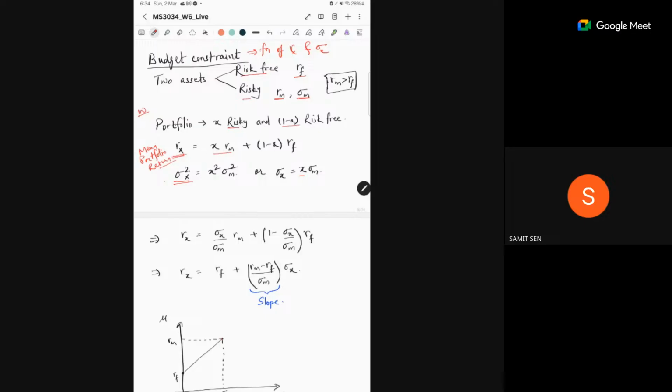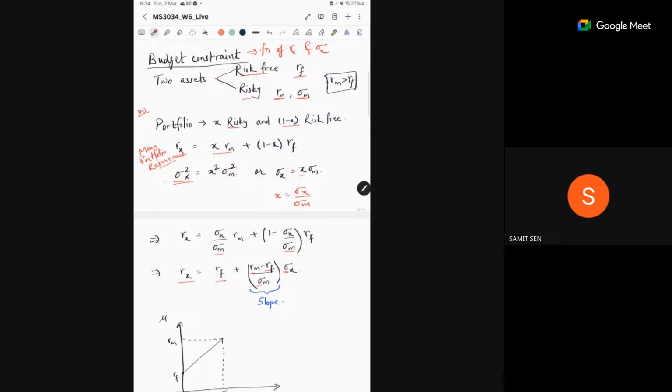I can replace X in the above equation by X equal to sigma x by sigma m. If I replace this and combine both, then Rx equals Rf, which is known to me, plus Rm minus Rf over sigma m, which are known to me, times sigma x.